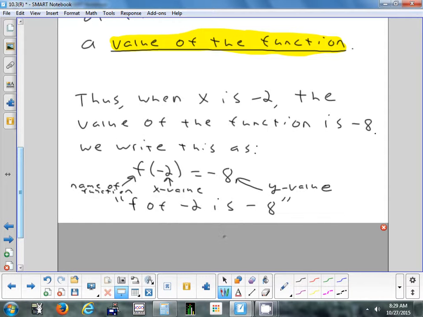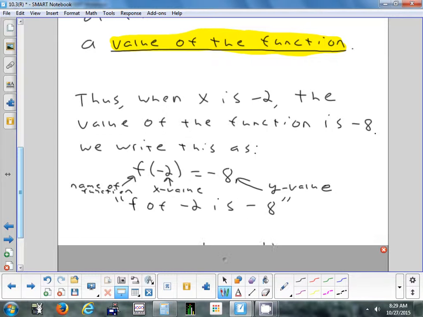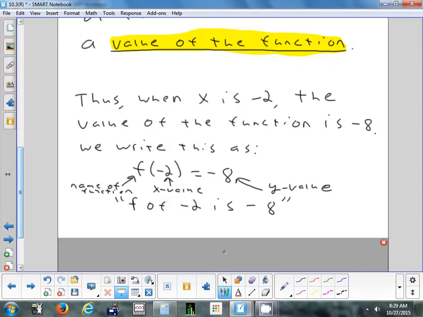Right? And the way you pronounce this, you don't pronounce it f parentheses -2 equals -8. You pronounce it with the word of. F of -2 is -8. Right? That's how you say it. You guys have that already on your notes.